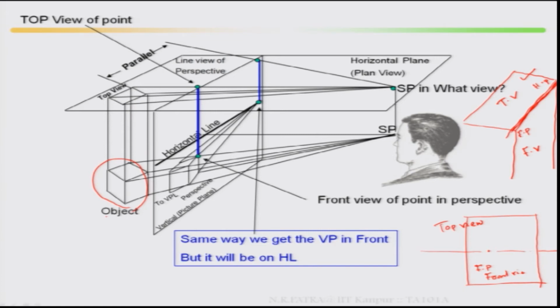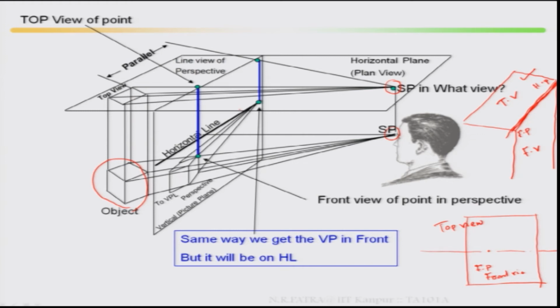Suppose this station point is there, if I take it parallel up to my horizontal plane, it will be the same station point. You can project it to your horizontal plane, and it will be the same station point.